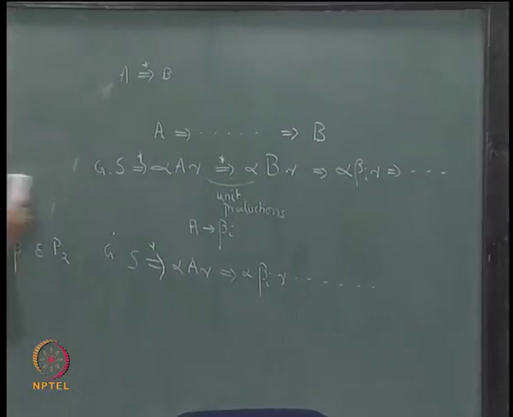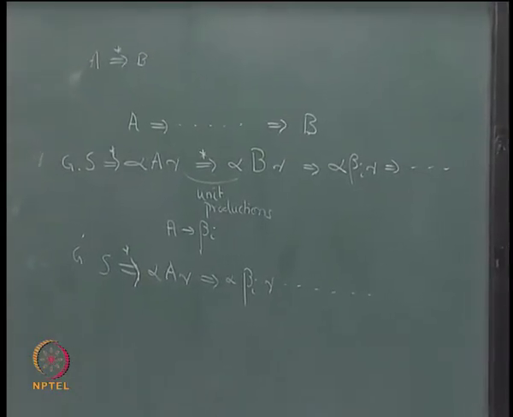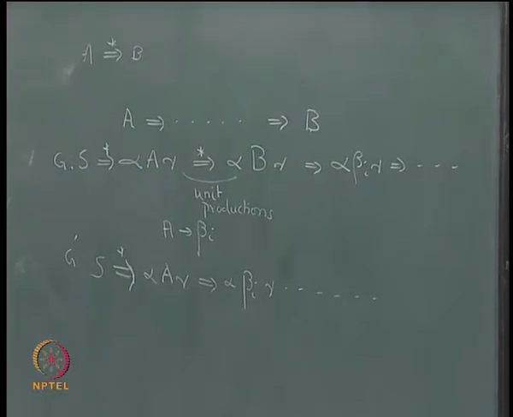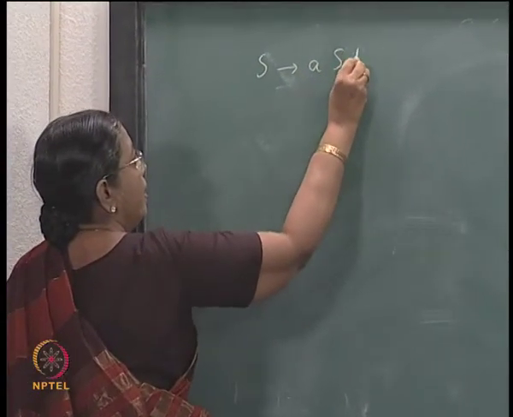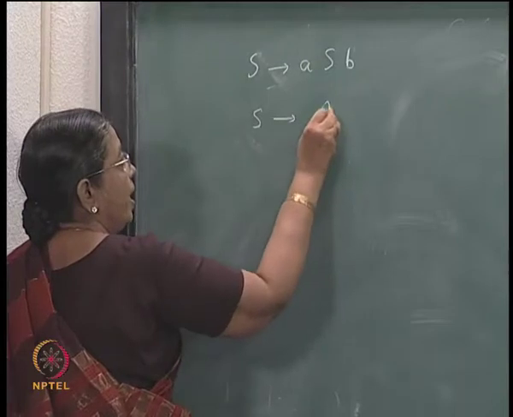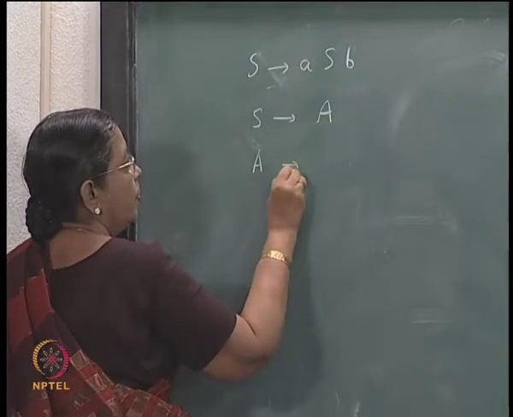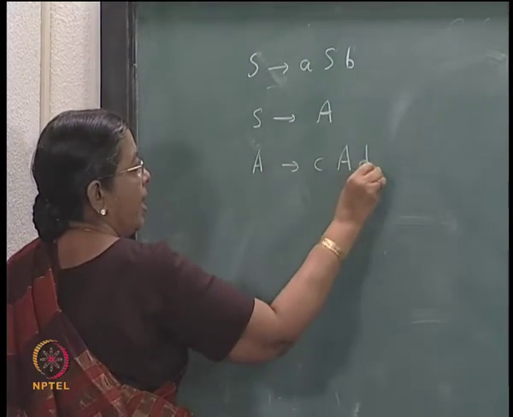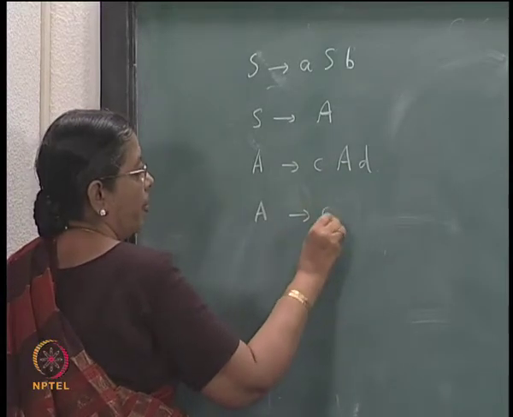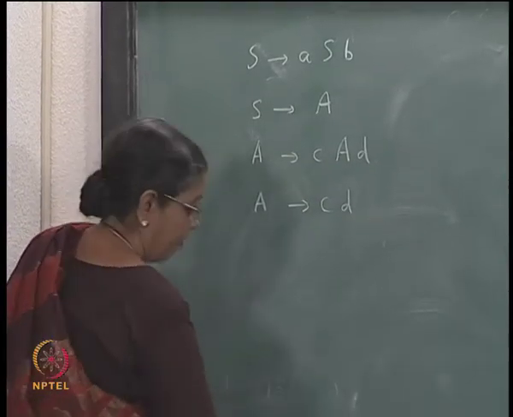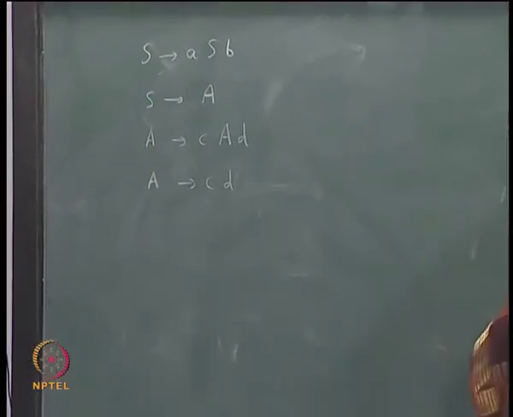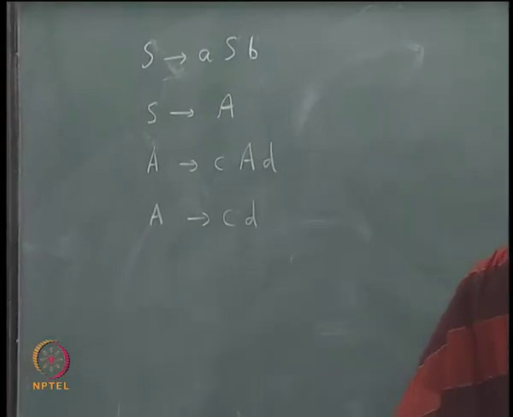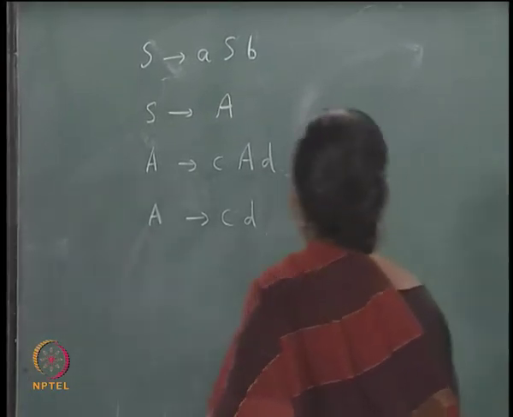A simple example let me take. S goes to ASB, S goes to A, A goes to CAD, A goes to CD. If I have this grammar, what is the language generated?